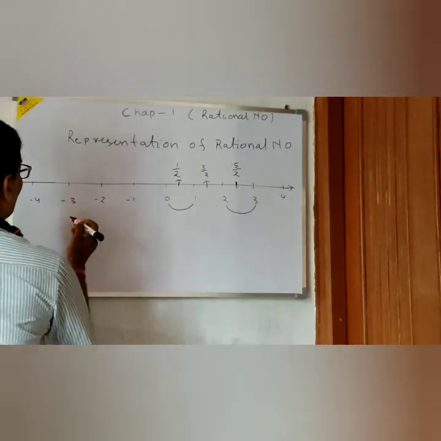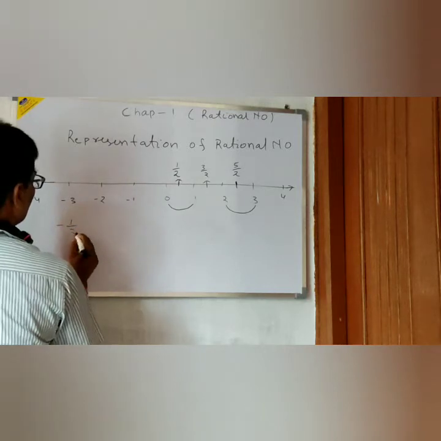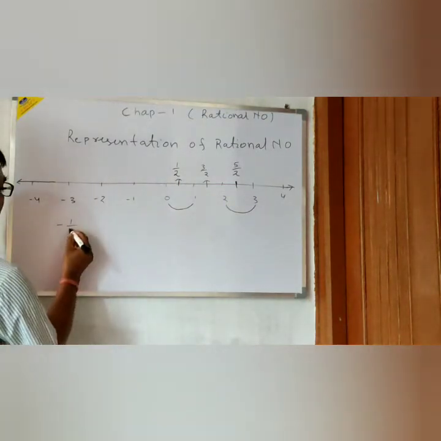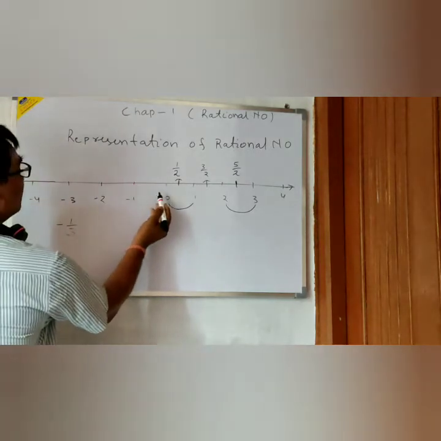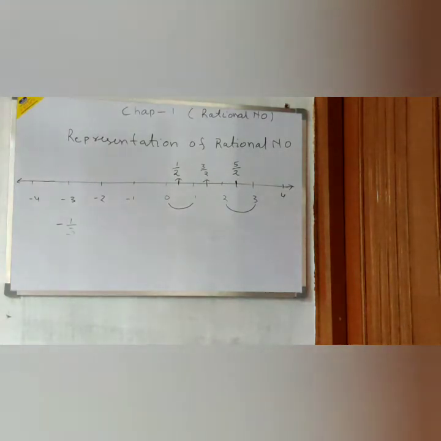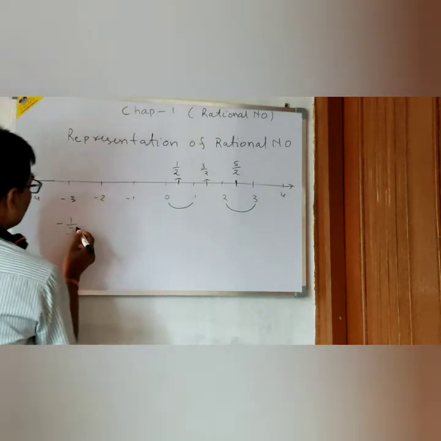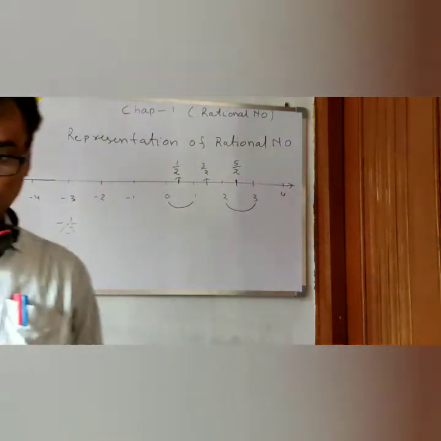For example, minus 1 by 3. Where is minus 1 by 3 located? Minus 1 by 3 is represented on the number line, and its position is between 0 and minus 1. Between 0 and 1, how many parts? We start partition. There are 3 parts on the number line.